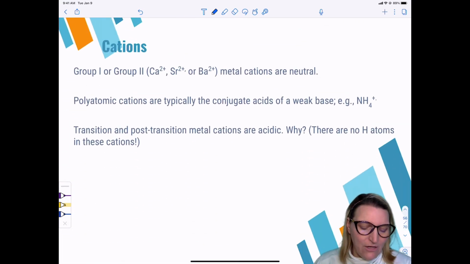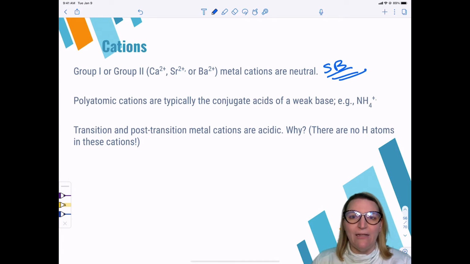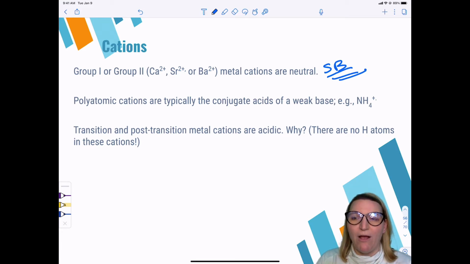So cations: group 1 or group 2 metal cations are neutral. These are the ones that are associated with strong bases. Lithium ion, if it was going to, it's positive, so it would pull an OH off of water. It would leave behind hydrogen, but it doesn't because lithium hydroxide is a strong base.